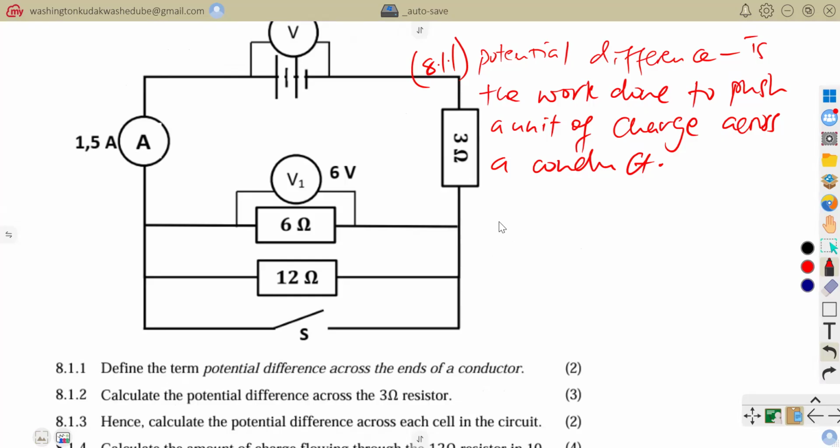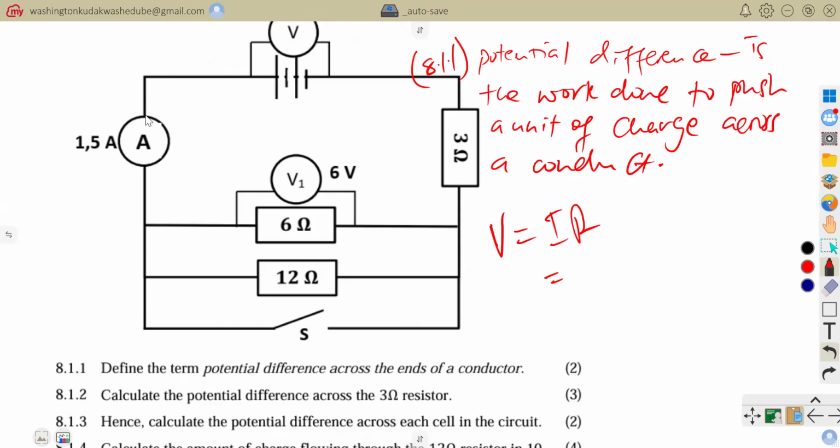This is where we use Ohm's law, where we say that V is equal to IR, and we have been told that this ammeter reads 1.5 amps. So the current that is flowing through here is the same current that will flow through here.